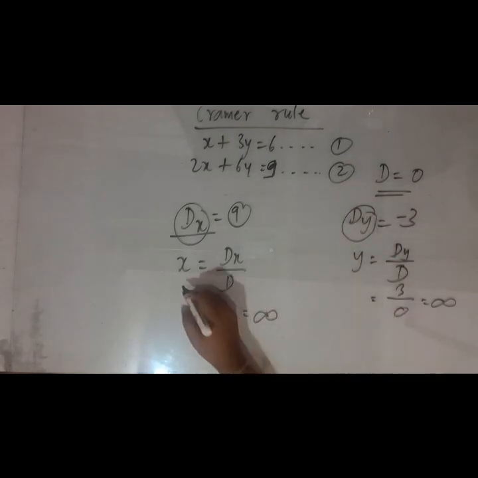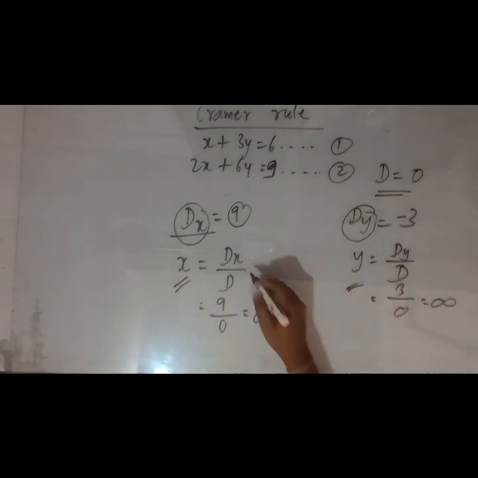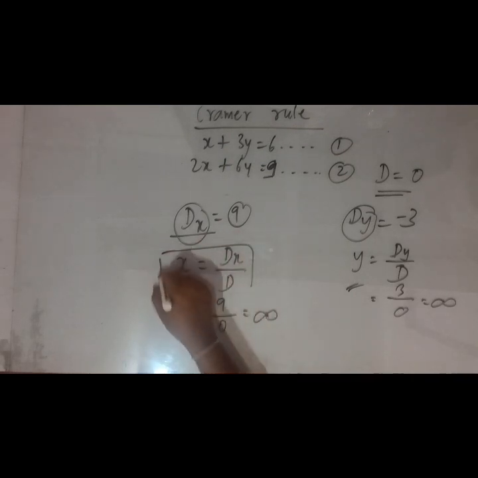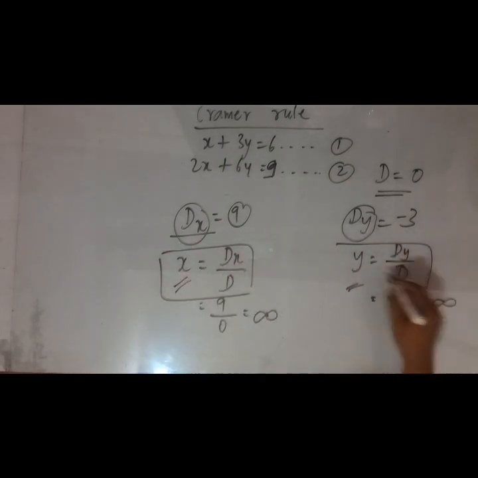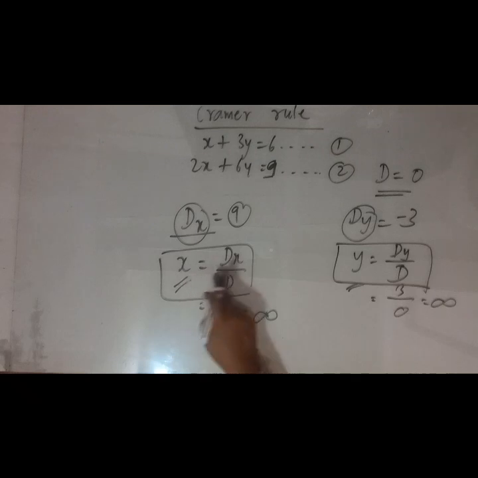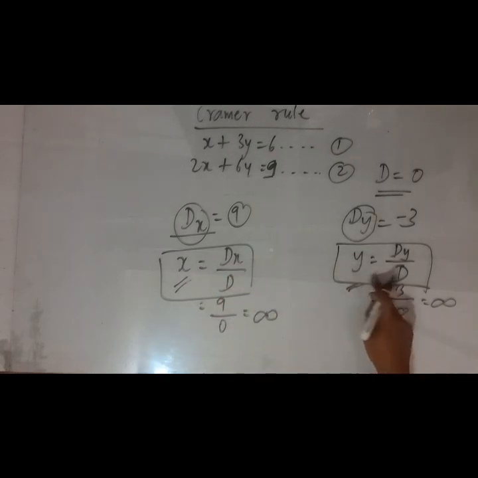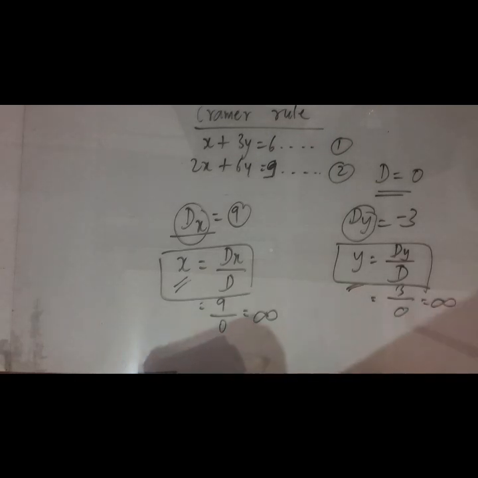Then the x and y values can be found by this formula: for x it is the ratio dx upon d, and for y it is the ratio dy upon d. So this way you can solve simultaneous equations using Cramer's rule, the determinant method.